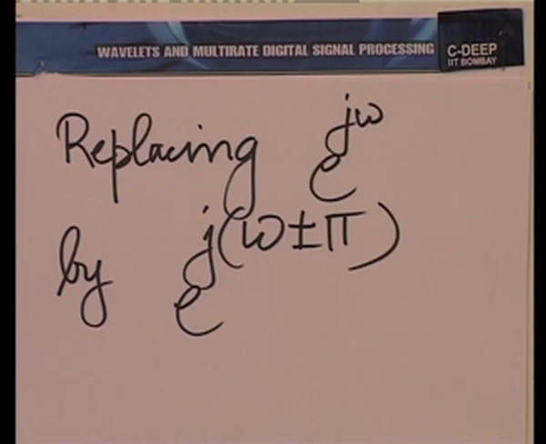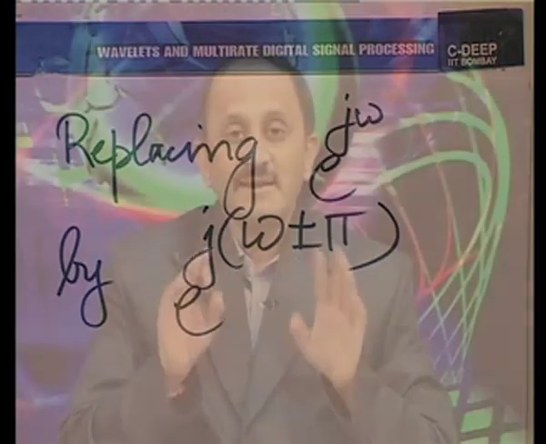Now, it should be noted that shifting by pi and shifting by minus pi are the same thing. That is because there is periodicity on the small omega or the normalized angular frequency axis, a periodicity with a period of 2 pi. So, there is no problem if we replace plus pi by minus pi there. With that little remark, what we have done in replacing z by -z as far as the normalized angular frequency is concerned is to shift by pi, whether plus pi or minus pi.